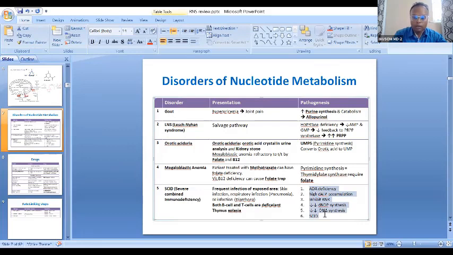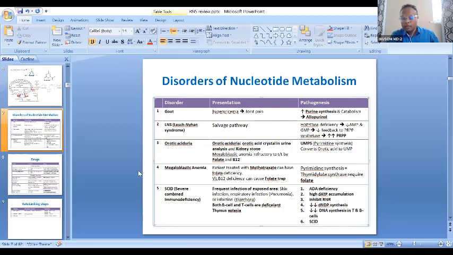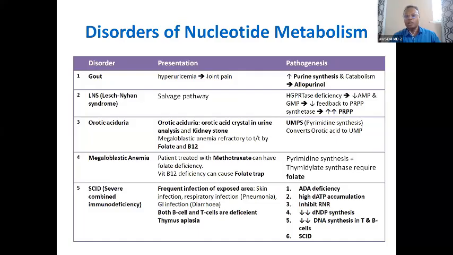So for SCID, there is decreased DNA synthesis in T cells and B cells, which is why it is combined. The name is self-explanatory; if you remember the full form nicely, you will not forget.